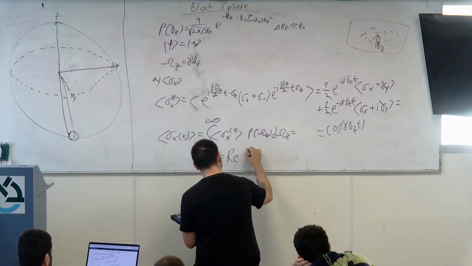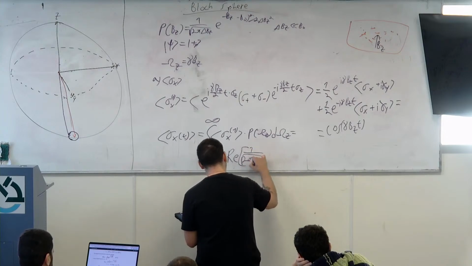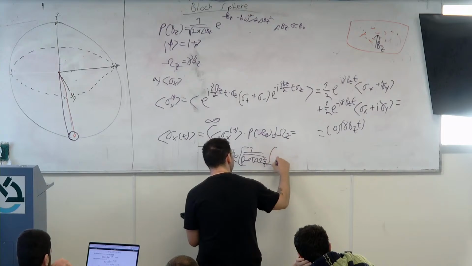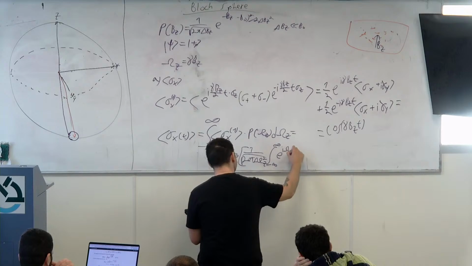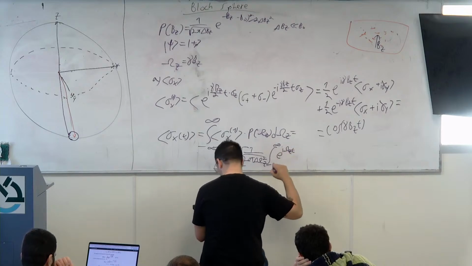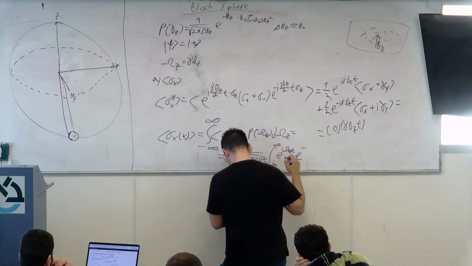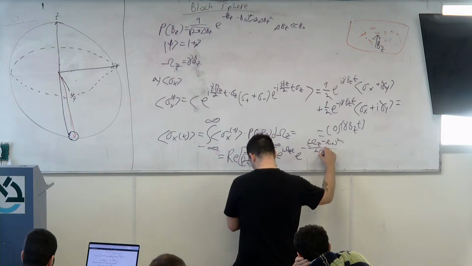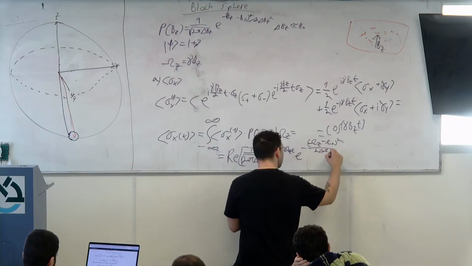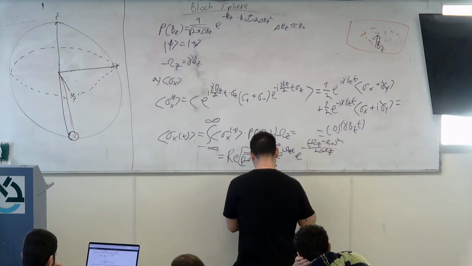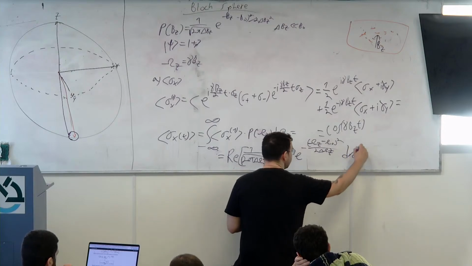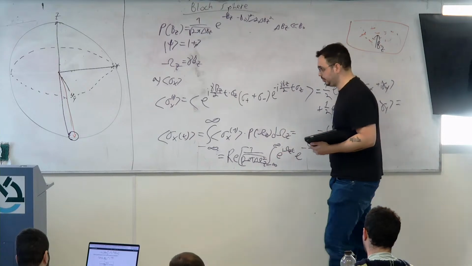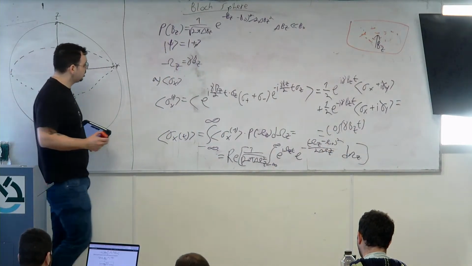It's going to be the real part of 1 over square root of 2 pi delta omega z squared, integration from minus infinity to infinity, e to the I omega z t e to the minus omega z minus omega 0 squared divided by 2 delta omega z squared, d omega z, which is simply just the real part of the Fourier transform here.